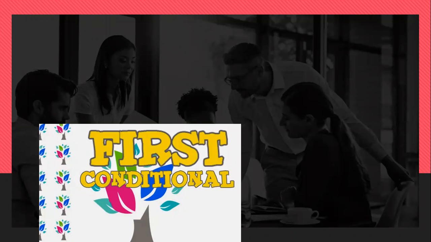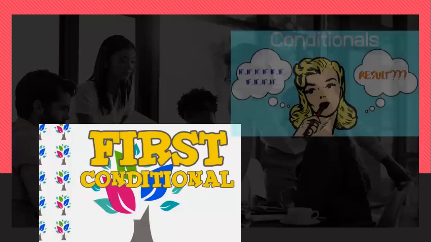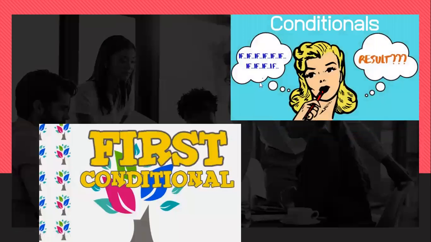The first conditional is the one that contains a result. Before I start focusing on the first conditional, they are also called if conditionals because a conditional always uses the word if. Always when we want to express the condition or the cause and the effect, that is when we are going to use the first conditional.